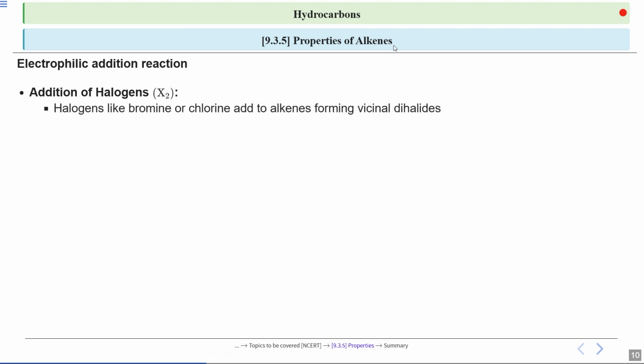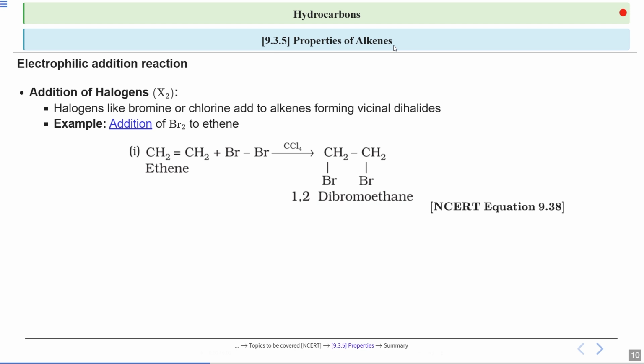Notice how halogens such as bromine or chlorine can add across the double bond of an alkene. This reaction forms what we call vicinal dihalide, meaning two halogen atoms end up attached to adjacent or neighboring carbon atoms. So this is a classical example of an electrophilic addition reaction.